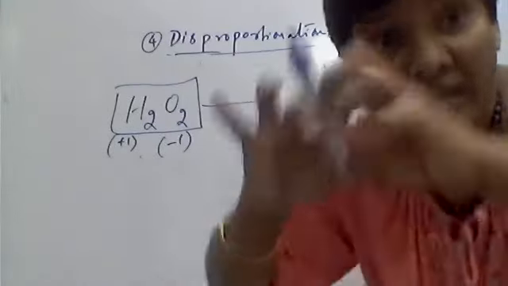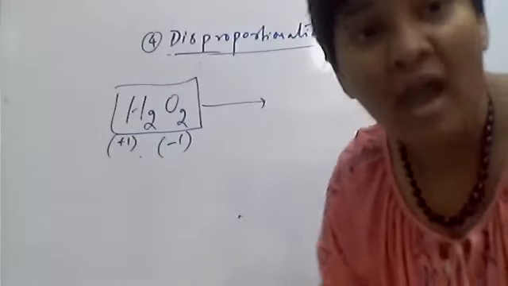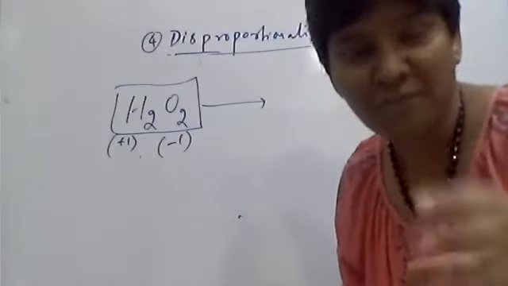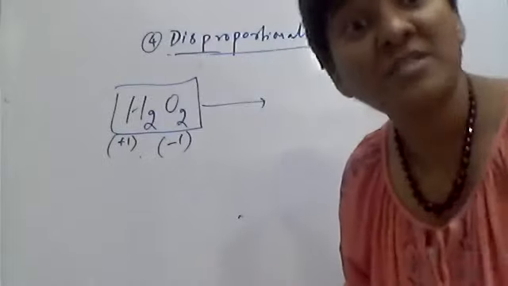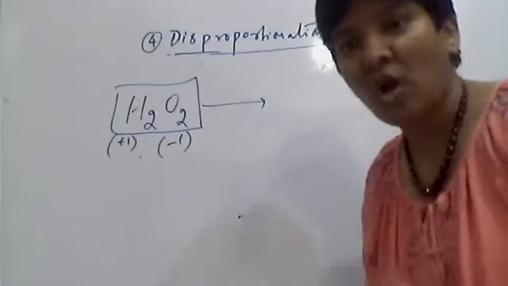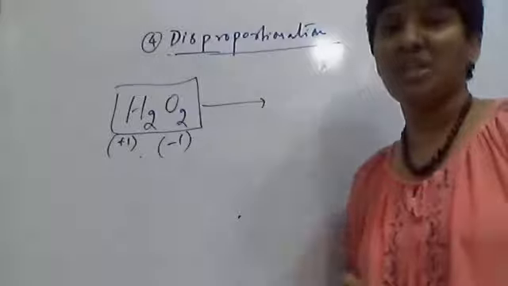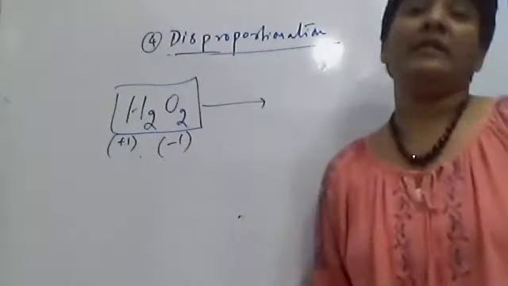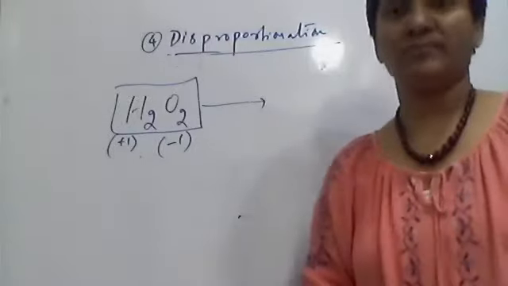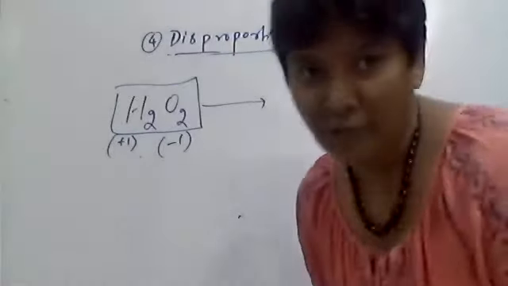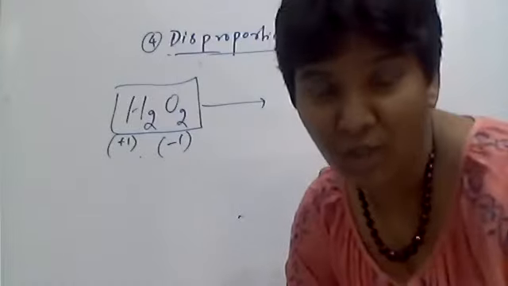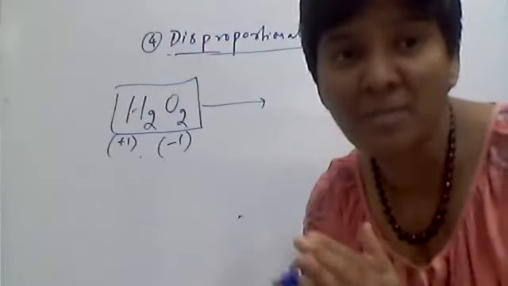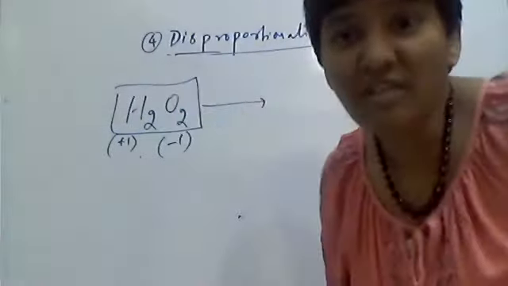It decomposes, breaks, and when it is undergoing decomposition, it undergoes disproportionation. We have already learned this equation for decomposition. At the same time, it shows disproportionation also. So when you bring the hydrogen peroxide bottle to your home, you must preserve it in a freeze.